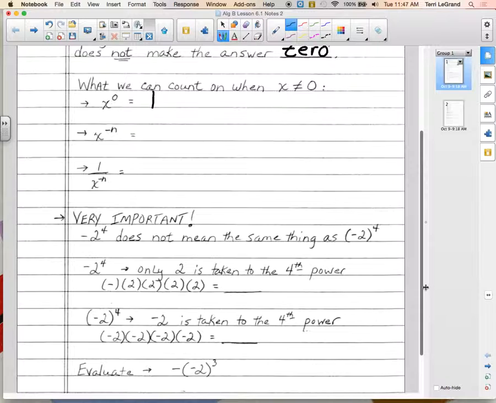Okay. Well, when we take x to the negative n power, what do you think we can always count on? Let's look over here. Fraction. We're going to need a fraction.